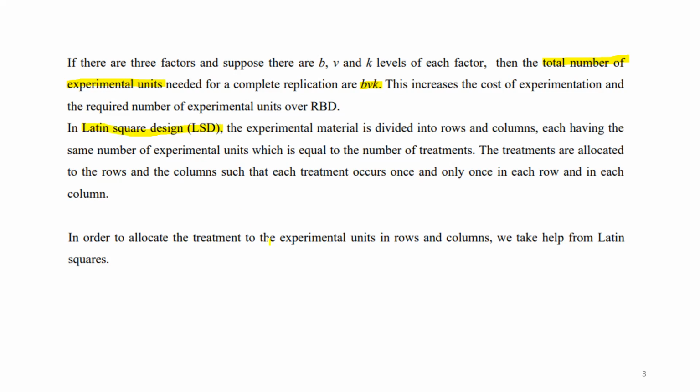In LSD, the experimental material is divided into rows and columns. So here we are specially using two terms, columns and rows. After that, we discuss effects like the column effect and the row effect.